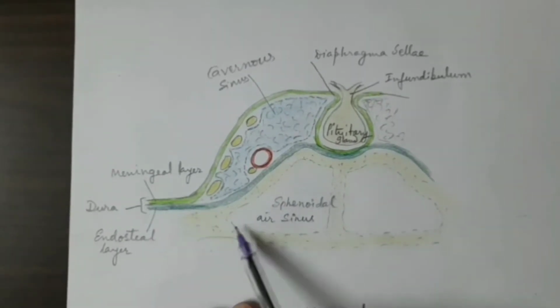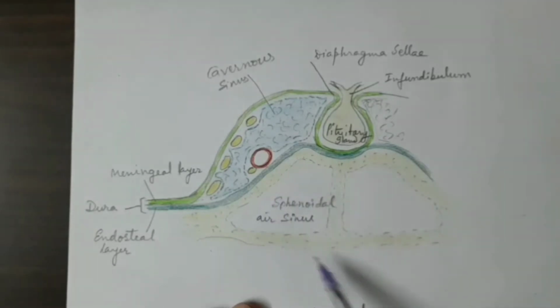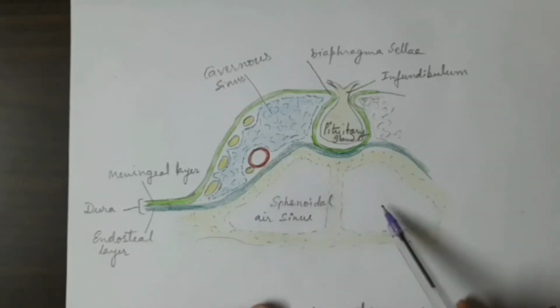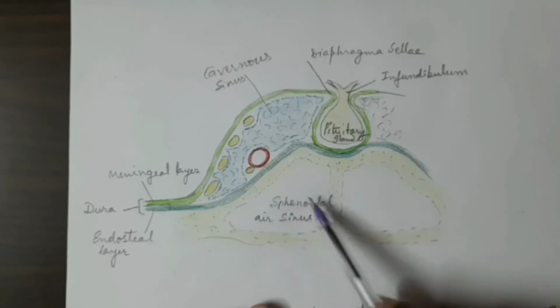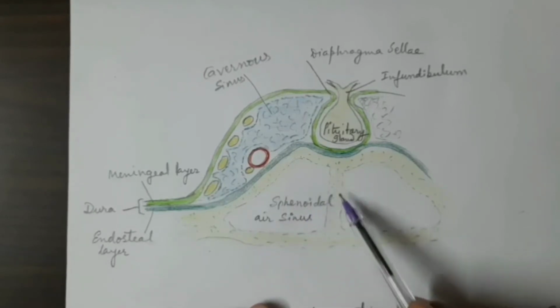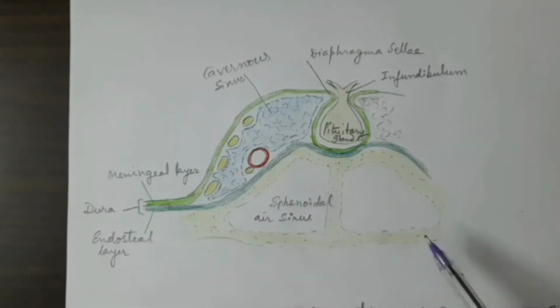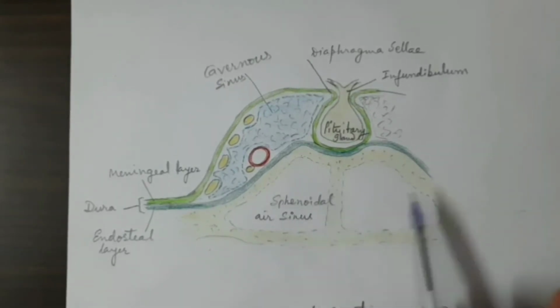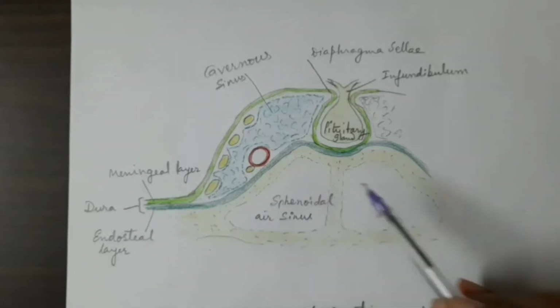Now this is the body of the sphenoid, and in the body of the sphenoid there are right and left sphenoidal air sinuses separated by a septum. Since this is a coronal section, you can see the right and left sphenoidal air sinuses which are deep inside the body.